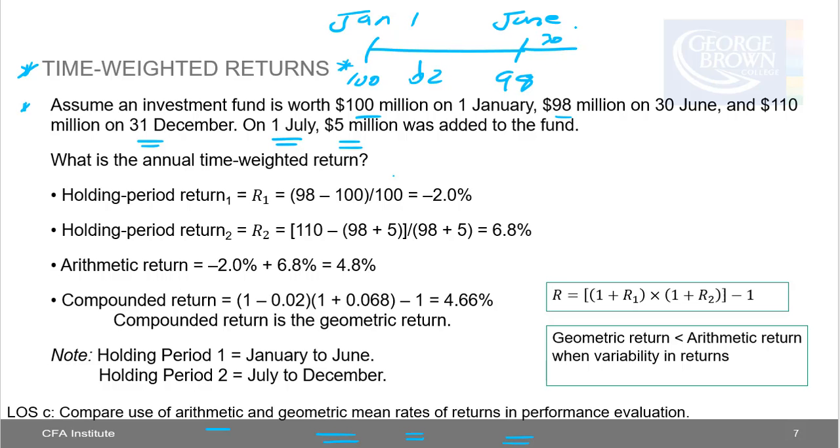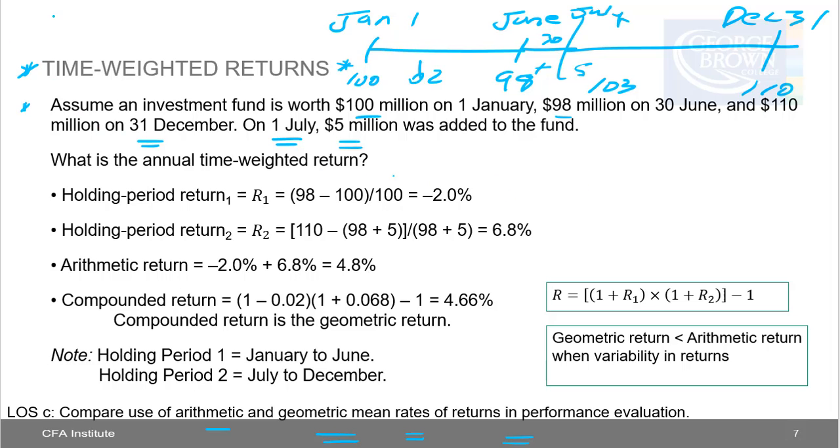However, on July 1st, which is just a day later, $5 million was added to the fund, so the fund would be $103 million on July 1st, and then on December the 31st, the fund is worth $110 million. Okay, so there's this cash flow of the $5 million.